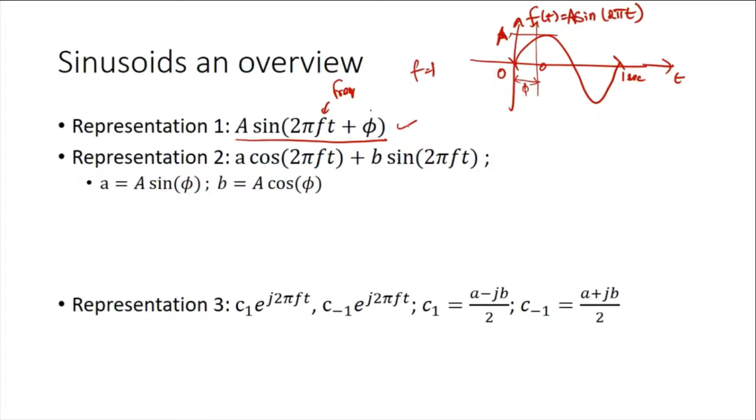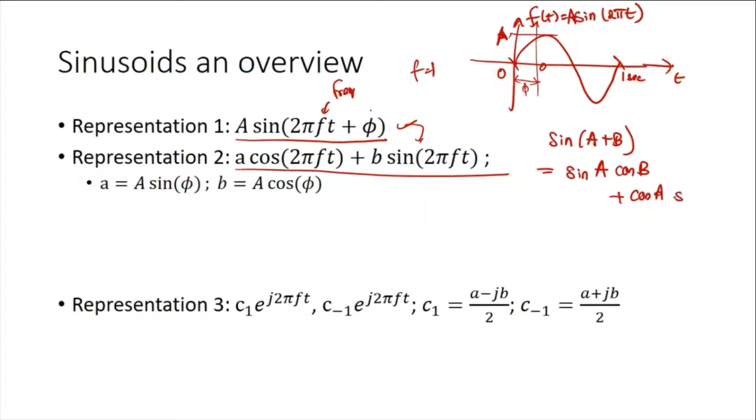you can write this exact thing using the trigonometric identity as this. Basically, what I'm using here is sine a plus b equals sine a cos b plus cos a sine b. So what happens is this a is nothing but this term, this b is nothing but this term.